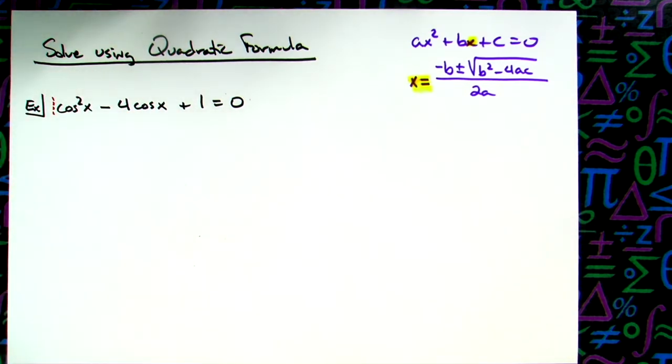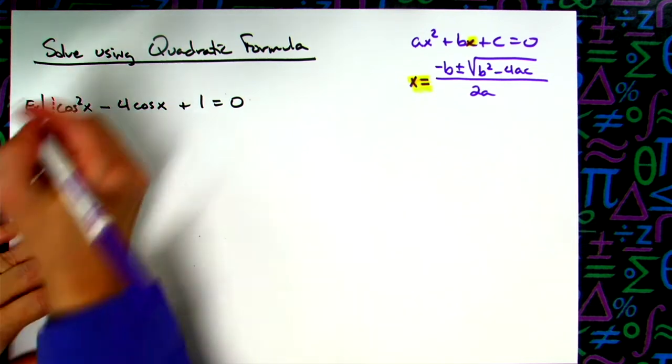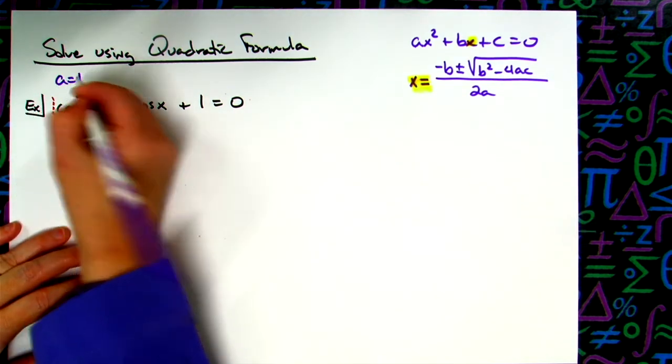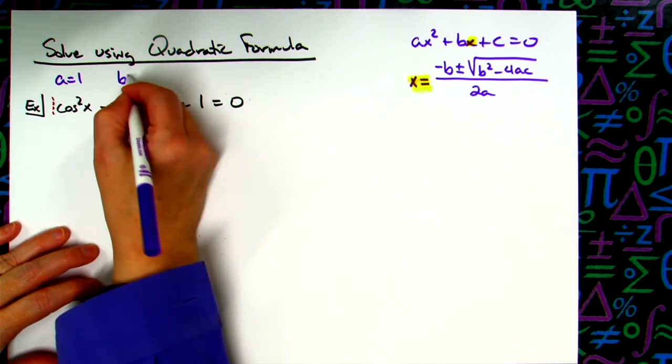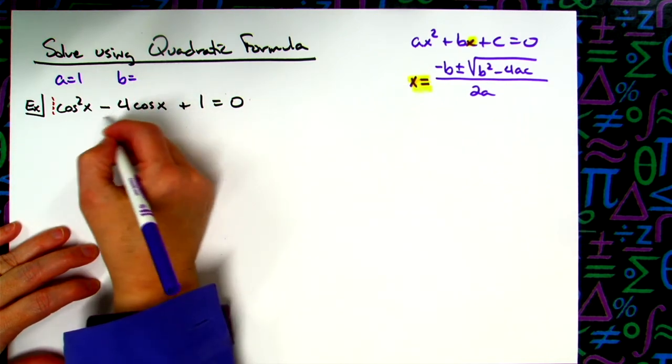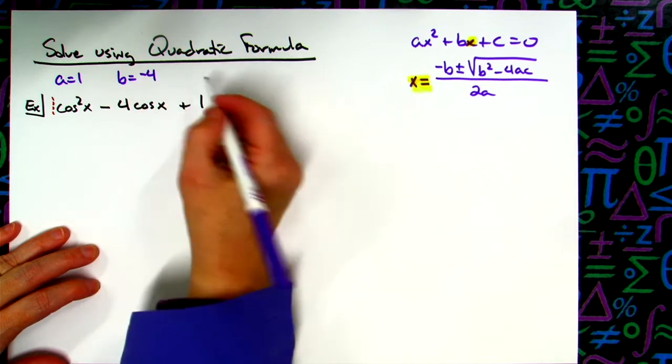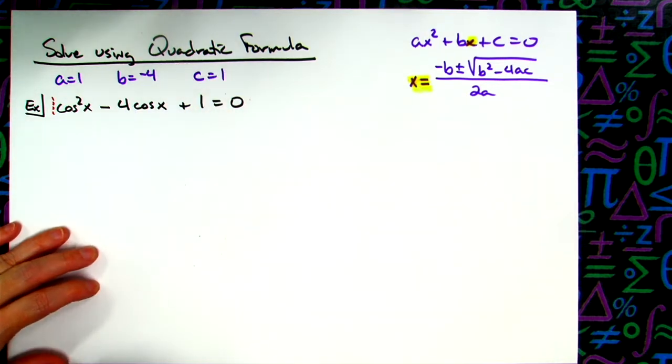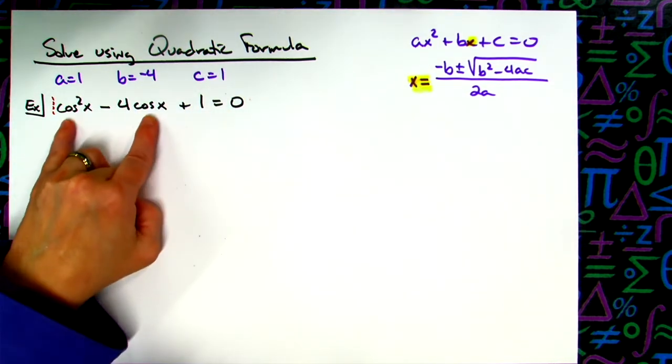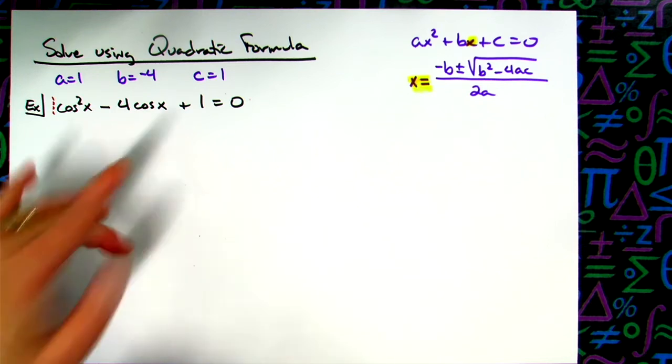So does everybody see why that's a quadratic equation? Okay, so from there, I know my a equals 1, my b equals negative 4, and my c equals 1. And that's all I need. It's okay that that's cosine x, it doesn't matter.